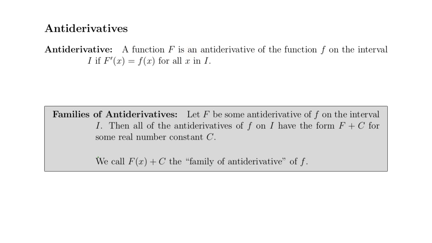So if F is some antiderivative of little f, then all of the antiderivatives of little f are going to be in that form of capital F, that function that we found, plus some constant. So we'll normally write it this way. And we normally will call that constant a constant of integration or something like that.